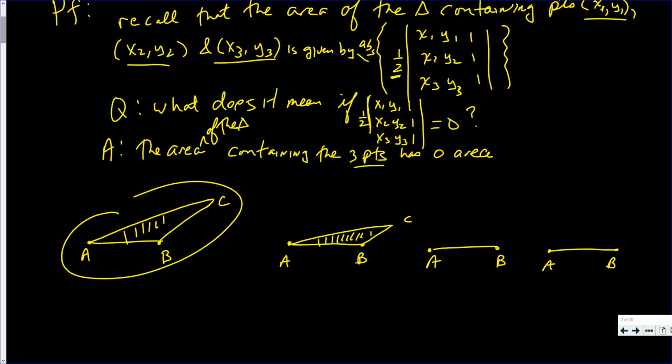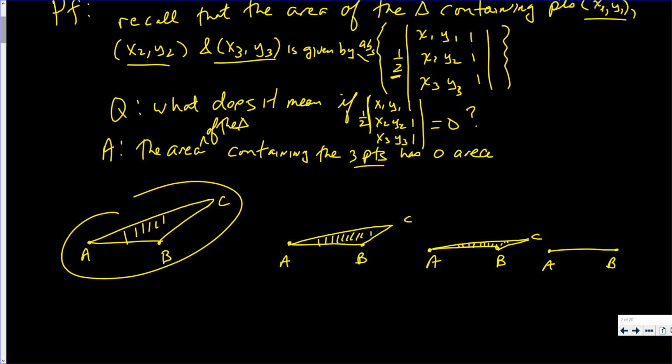Now, what if I let angle B get to be really close to 180? Maybe now it's 178. Well, this area is the smallest of all of them.